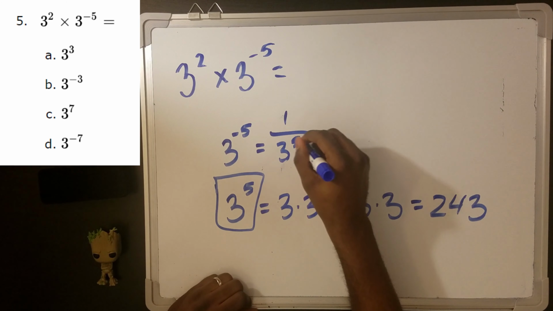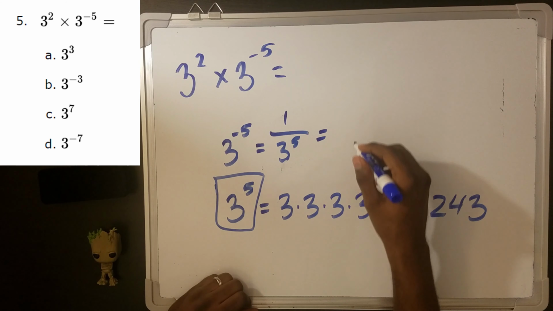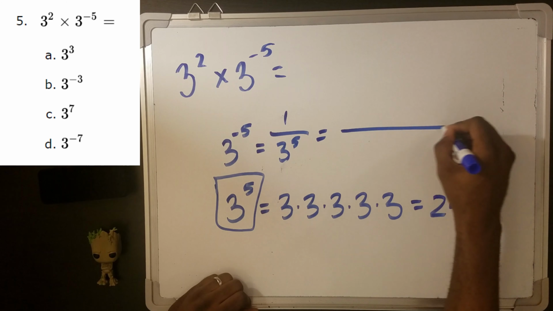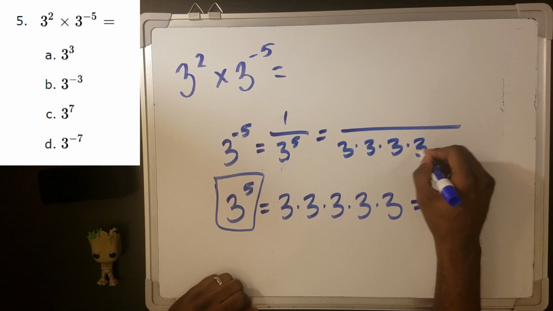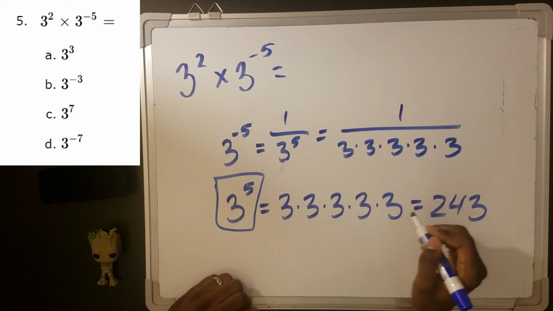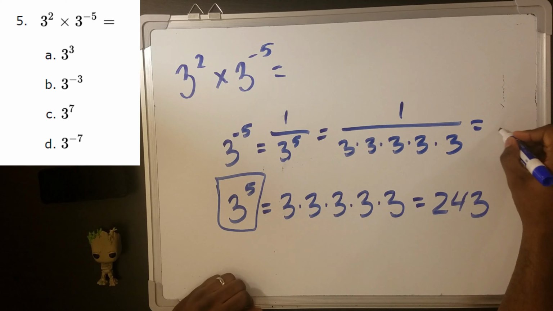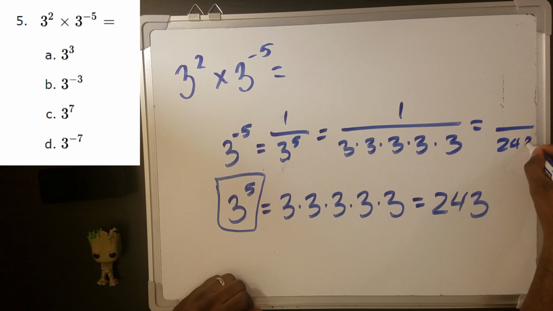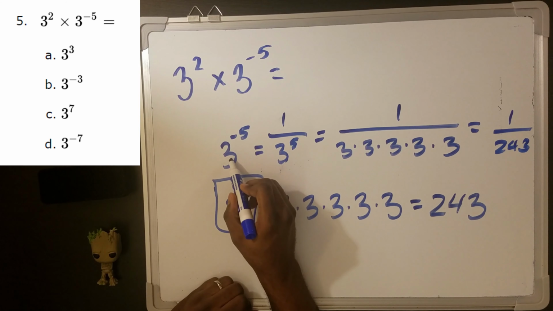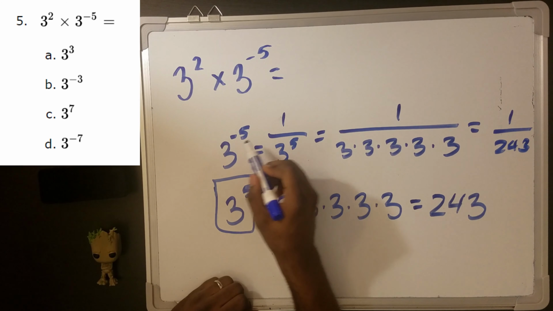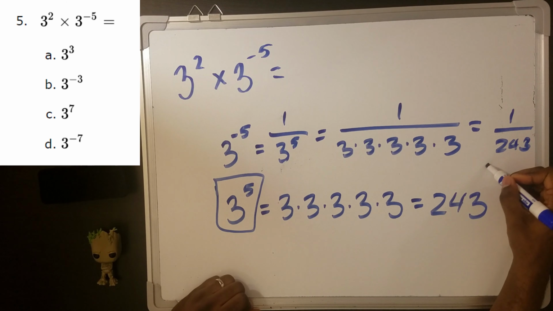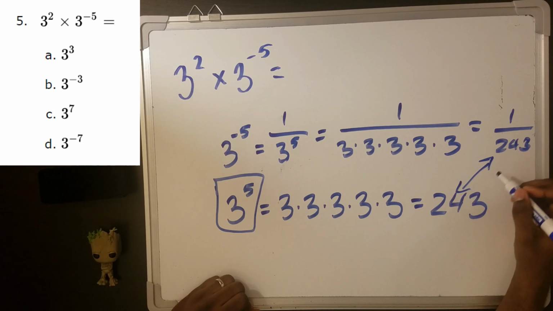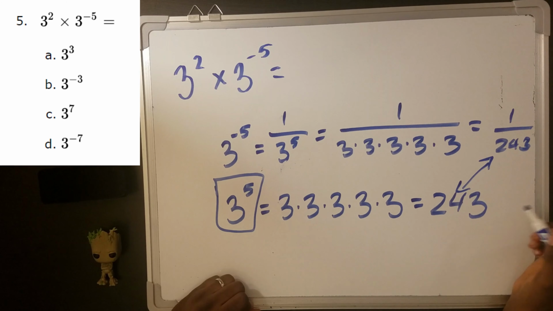So if we know how to find the positive version, which we did here, which is 3 times 3 times 3 times 3 times 3, and we know that all of that equals 243, we know that 3 to the negative 5 equals 1 over 243. And you see, this and this are reciprocals of each other.